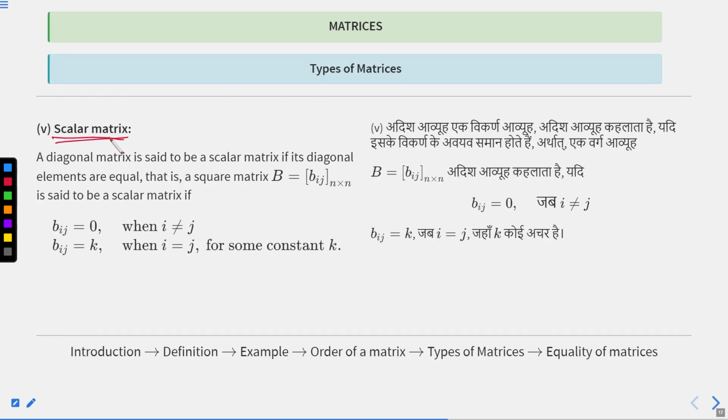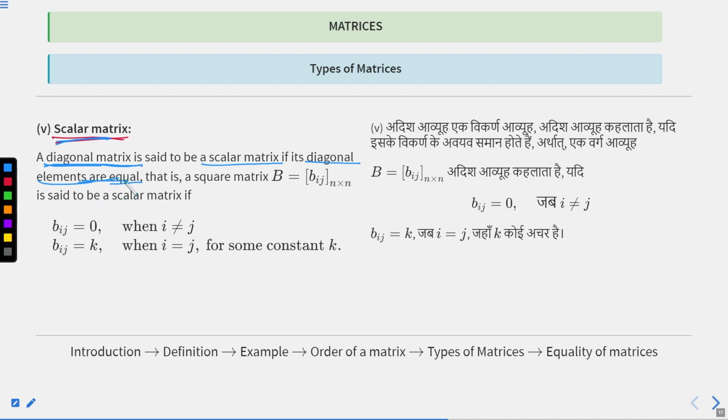Now let us move next. Scalar matrix. What do we mean by scalar matrix? First of all, a scalar matrix must be a diagonal matrix. So a diagonal matrix is said to be a scalar matrix if its diagonal elements are equal.